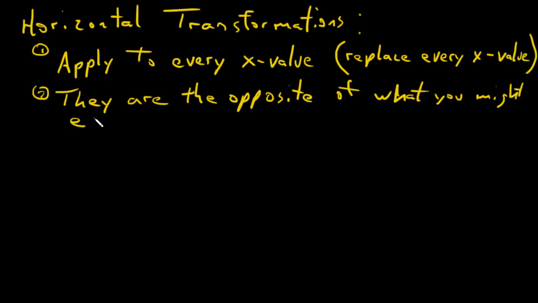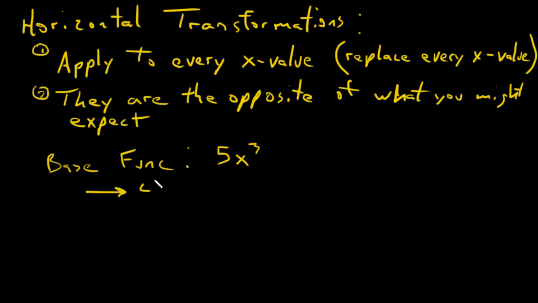So, what do I mean by that? Well, if I want to shift, let's say my base function is, I don't know, 5x cubed. And I want to shift it right by 4.